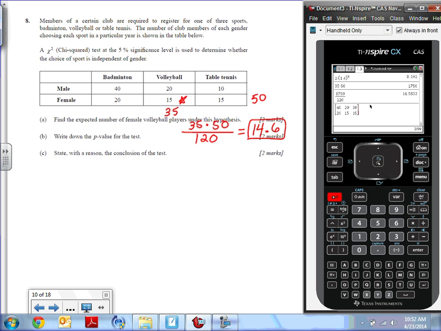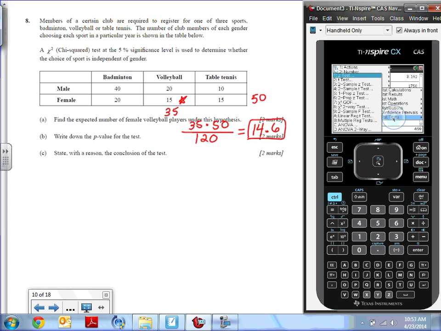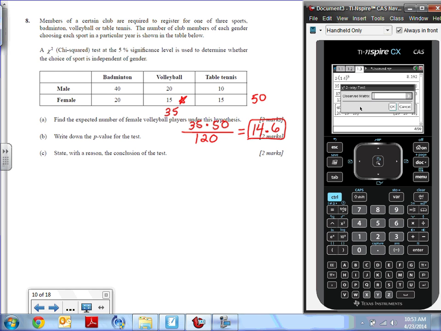I haven't used the variable A yet, so we'll go outside of the matrix. Store it as A. Okay, so now it's stored the matrix as A, so I can go to menu, I can go to statistics, and I'm going to be performing a chi-squared test, which will be under stat tests. All right, so chi-squared, two-way test.